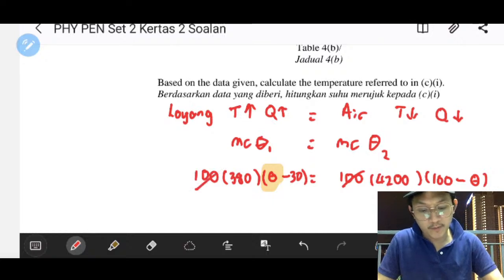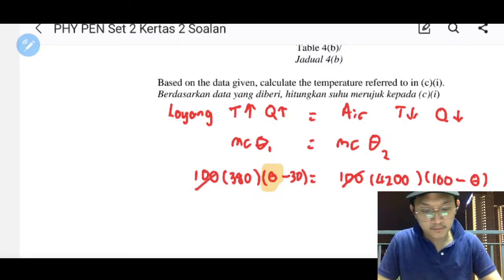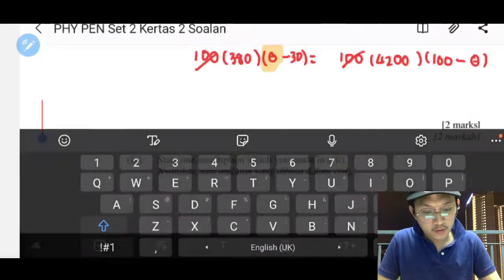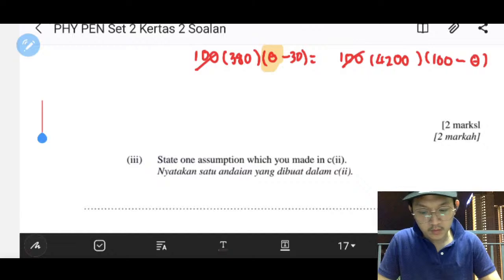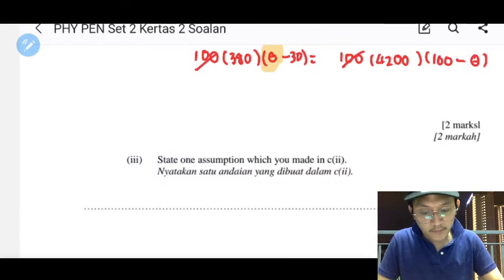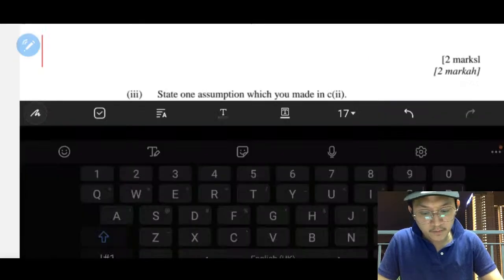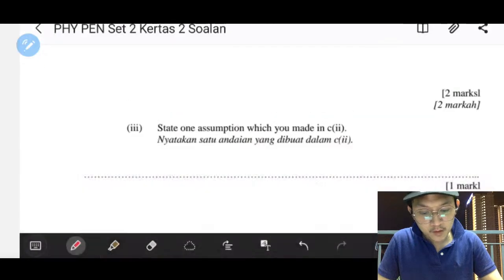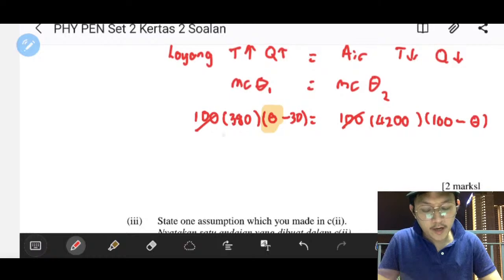So you're left with 380 data minus 380 times 30 is probably 11400.